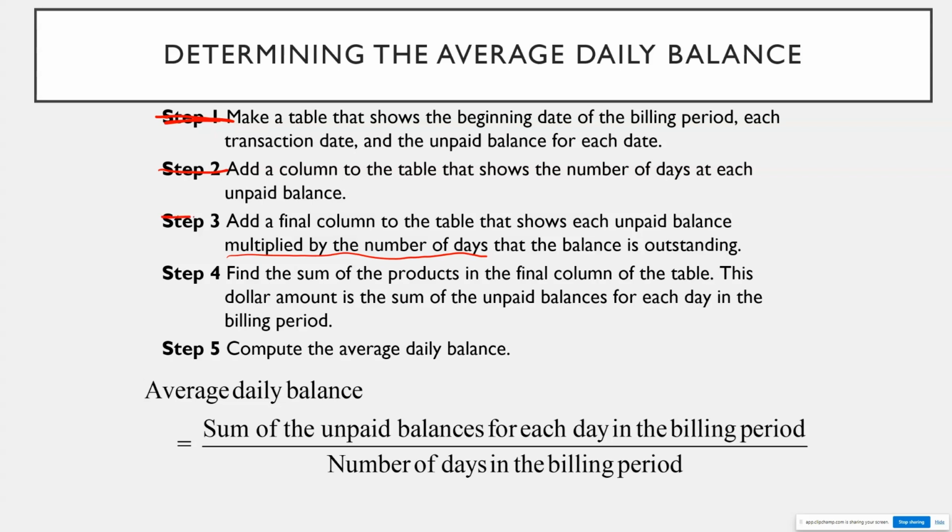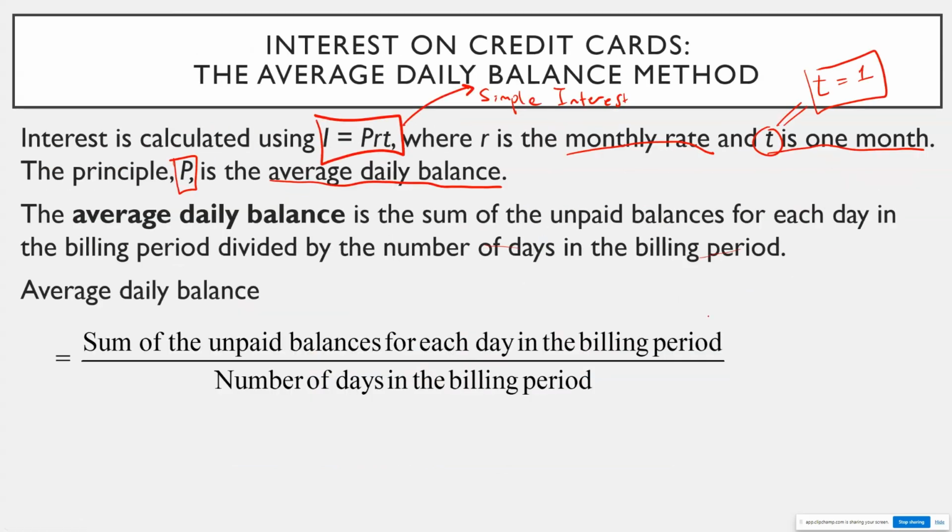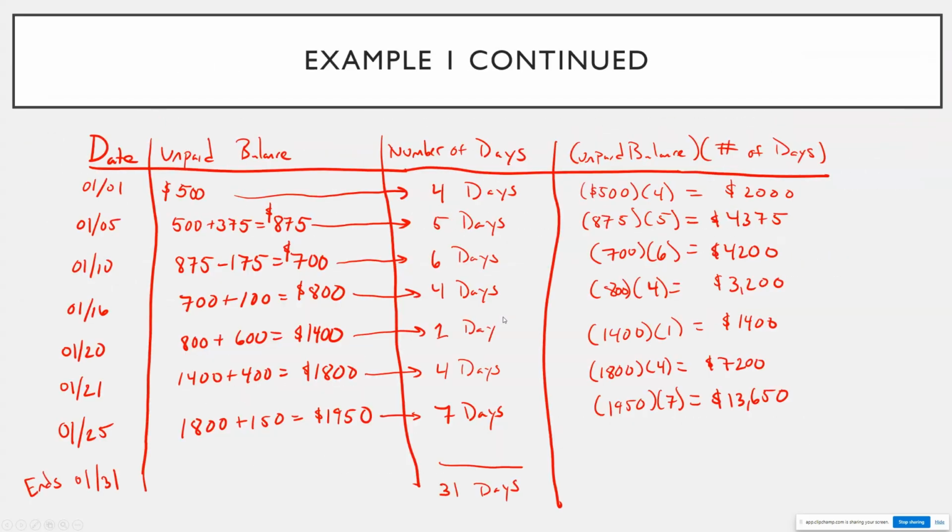Next, step 4, let's find the sum of the products of the final column of the table. This dollar amount is the sum of the unpaid balances for each day in the billing period. So that is the top of this fraction right here, that sum of the unpaid balances. So the last step I'm going to do here is sum all these numbers.